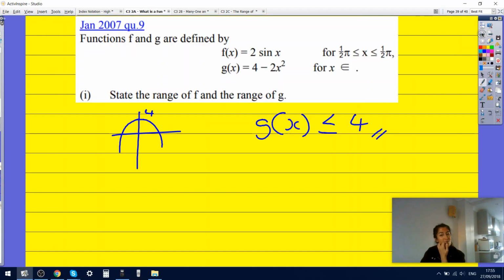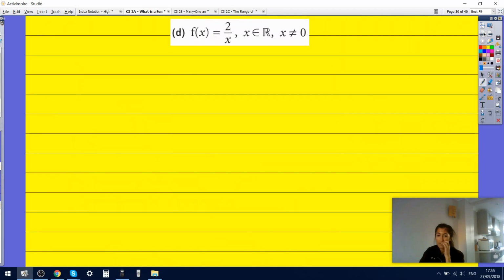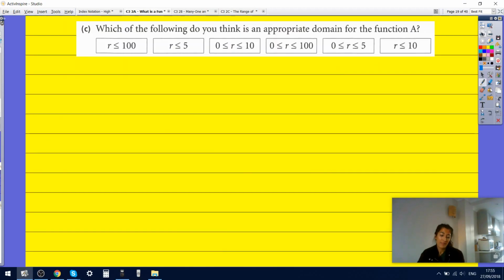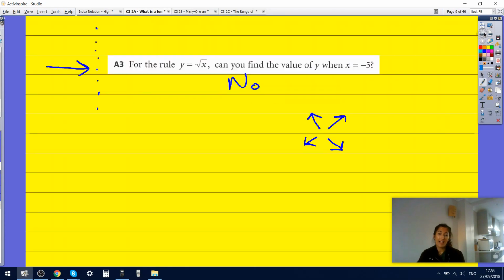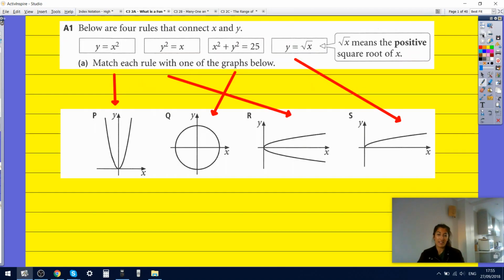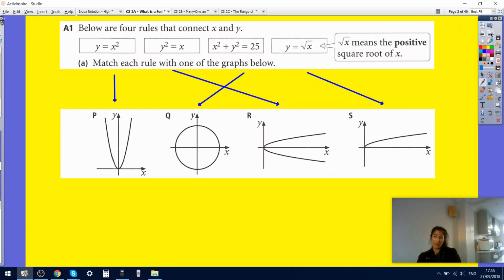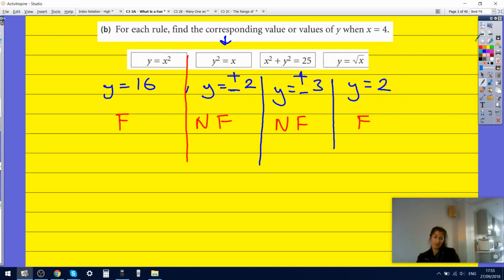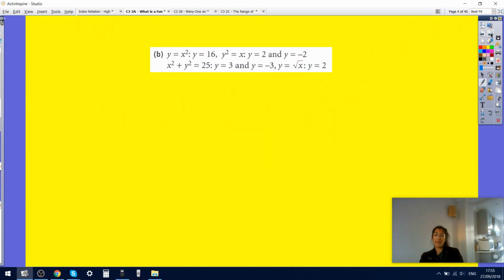So what is a function? When you put in one input and get one output. And there's another type of function. Many to one and one to one.